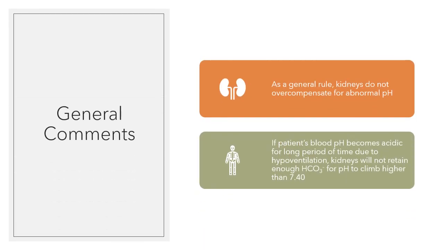As a general rule, kidneys do not overcompensate for an abnormal pH. They bring the pH just into normal range. If a patient's blood pH becomes acidic for a long period of time, the kidneys will not retain enough bicarb for pH to climb higher than 7.40.